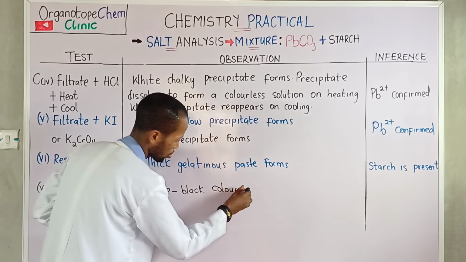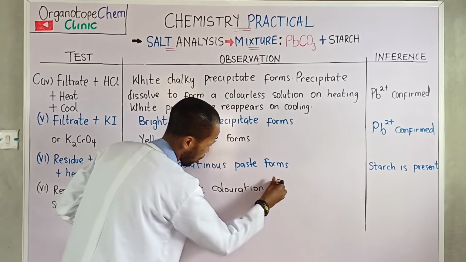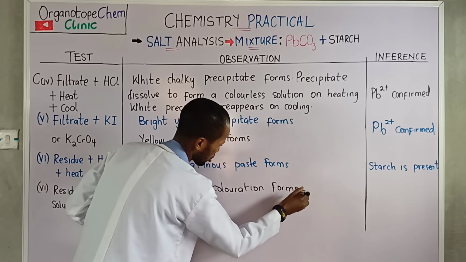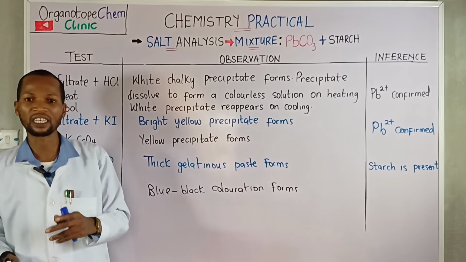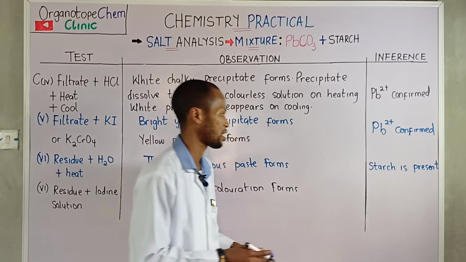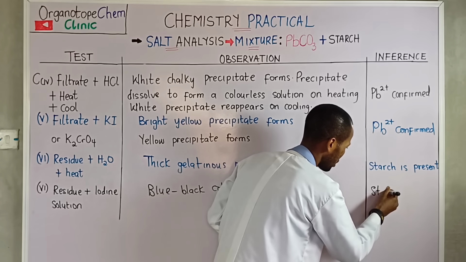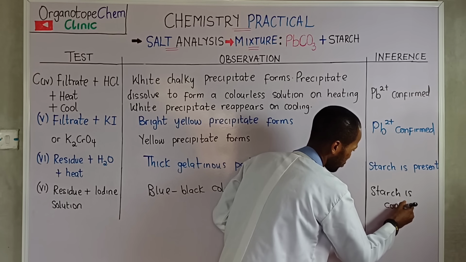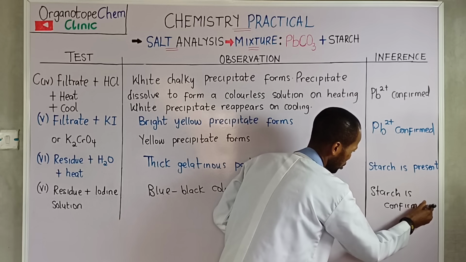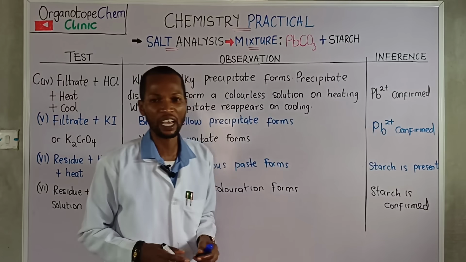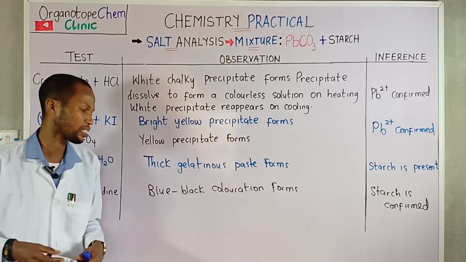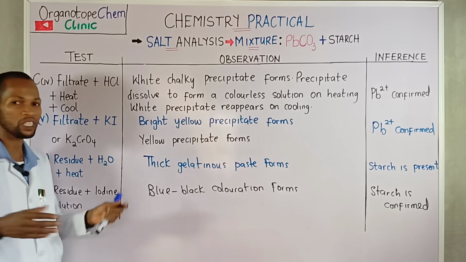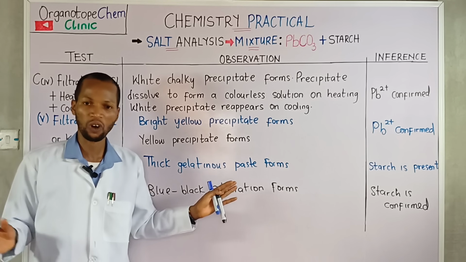This confirms the presence of what? Starch. That's correct. Starch is confirmed. So the confirmatory test for the presence of starch is the iodine test, which gives a blue-black coloration.